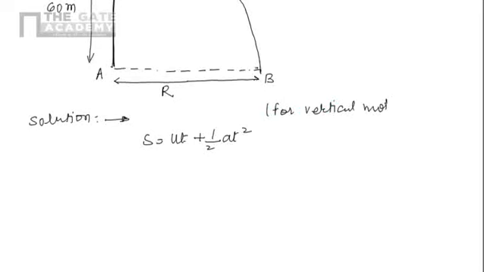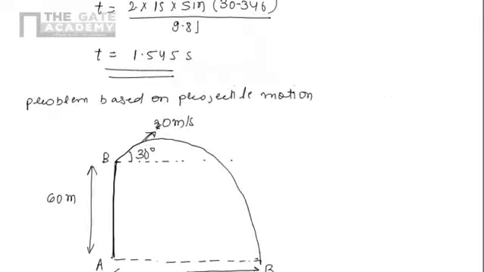For vertical motion, the initial vertical velocity u will be 20 sine 30, because the component of 20 in vertical direction will be 20 sine 30, and in horizontal direction will be 20 cos 30. 20 sin 30 is in vertical direction, 20 cos 30 is in horizontal direction.